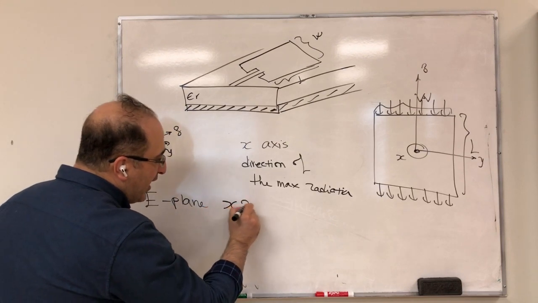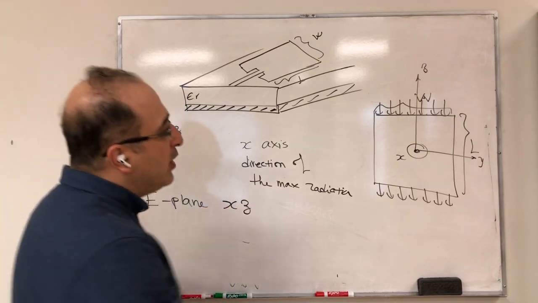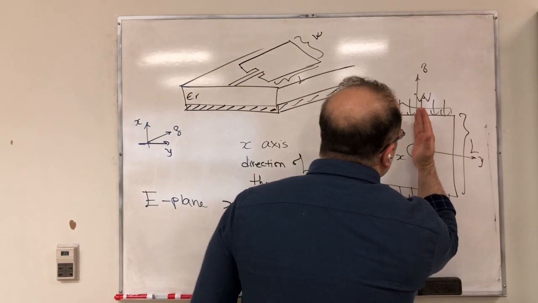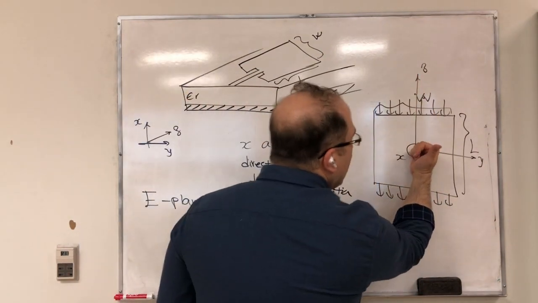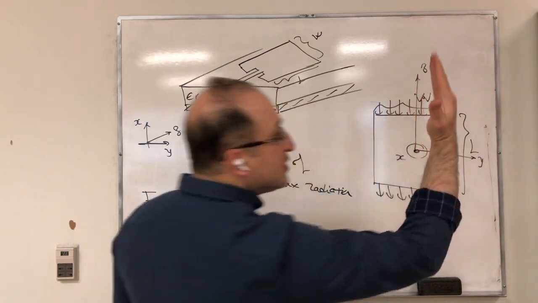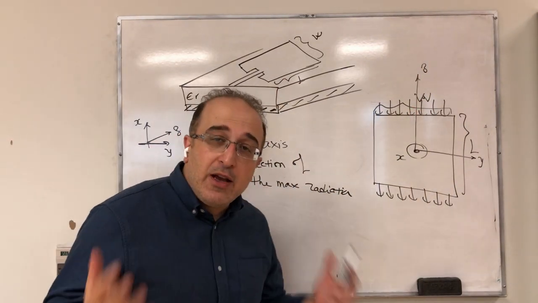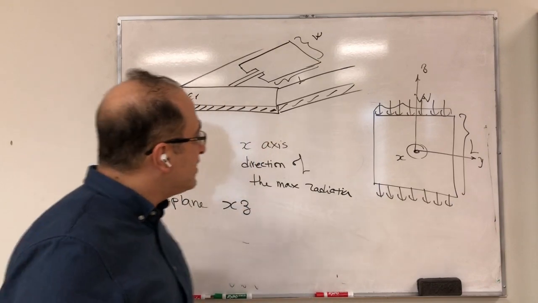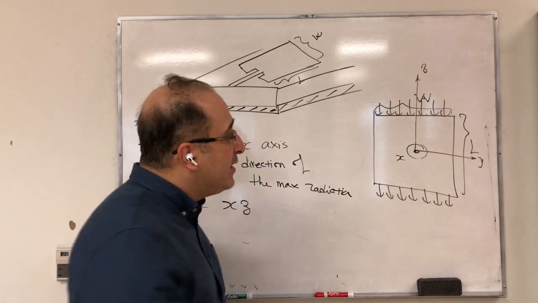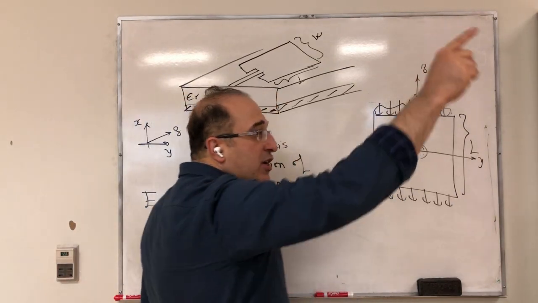So I get XZ for my E-plane. This cut here, which consists of X and Z, would be my E-plane.